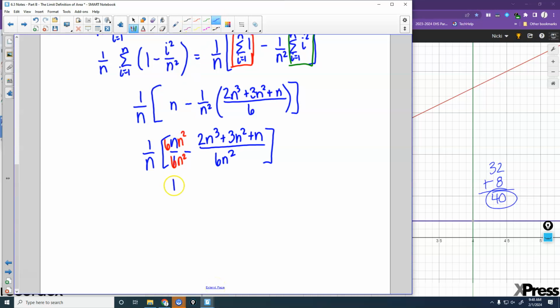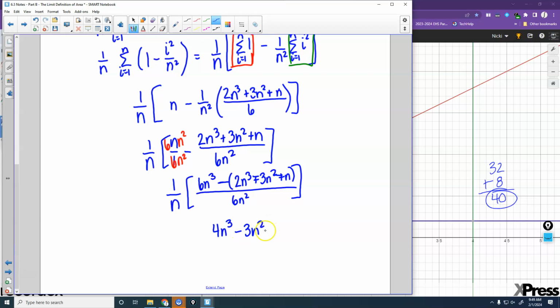So I will have 1 over n times 6n to the third. I got to subtract all of this stuff here, 2n cubed plus 3n squared plus n over 6n squared, and we'll distribute that negative. I will get 4n cubed minus 3n squared minus n over, I'm going to go ahead and multiply this 1 over n in here as well, 6n cubed.